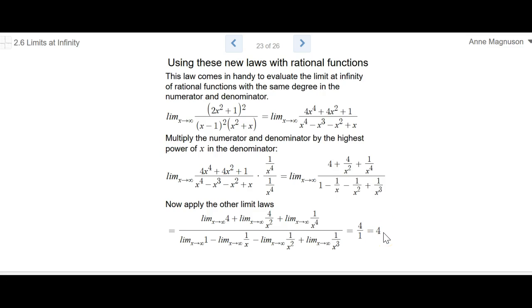You may have learned a trick in the past where you could find the horizontal asymptote if the degree of the numerator and denominator of a rational function were the same, is the ratio of the leading coefficients. And this is actually why you had that trick.